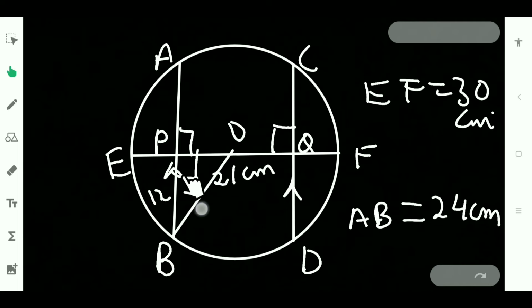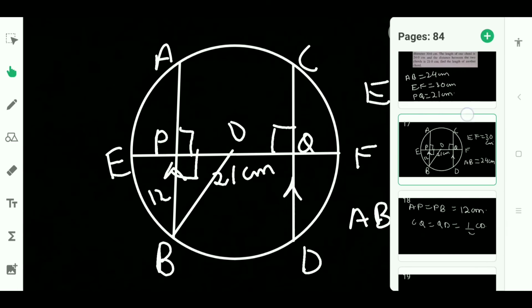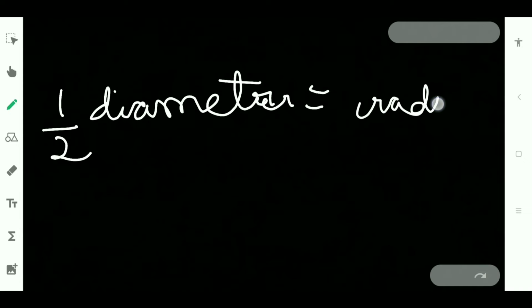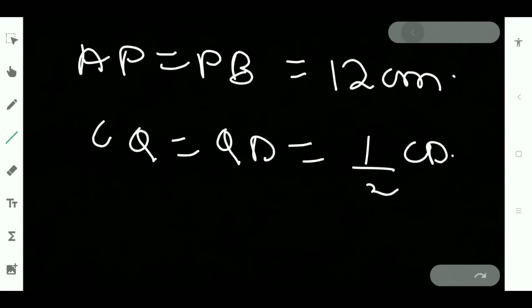Here in this triangle we can find the length of OB. There is one formula: half of diameter is equal to radius. Just note this formula, half of diameter is radius.